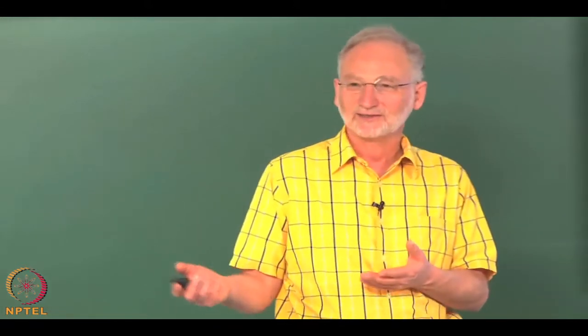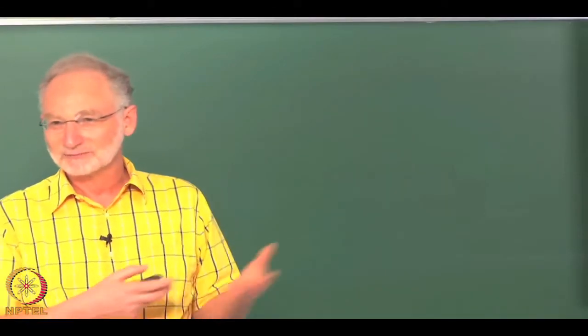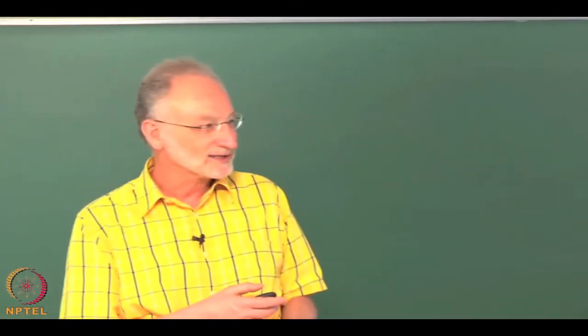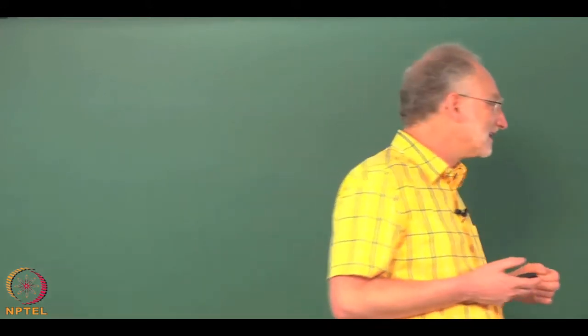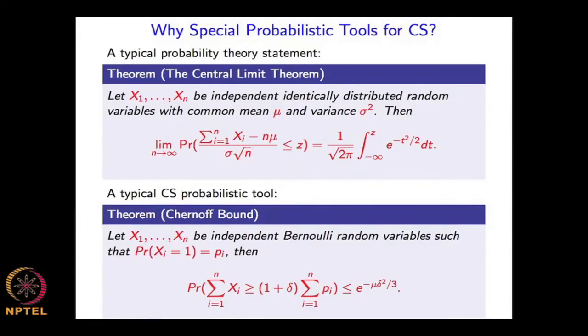And the obvious question was, well, okay, you're a computer scientist and you think you invented the world, but there was interesting science before computer science, and mathematicians and probabilistic researchers already asked all these questions. So why do we reinvent the wheel? Why do we build a new theory of probability or probabilistic techniques for computer science? You can have a long answer for that, but the short answer is here.